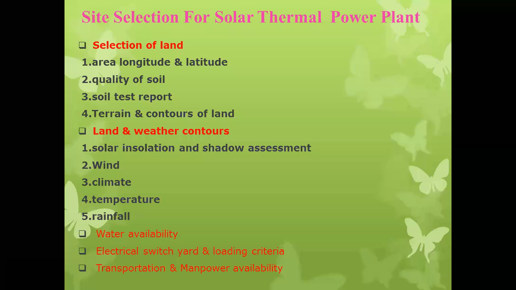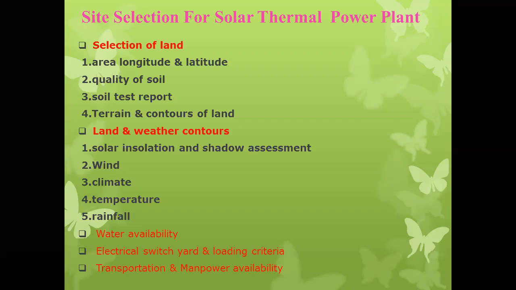Yes, sir. Area of longitude and latitude is related to the level of that particular area from the sea level, and we also have to see the exact location based on its axis. Then quality of soil means whether it is rocky or marshy, we have to check.